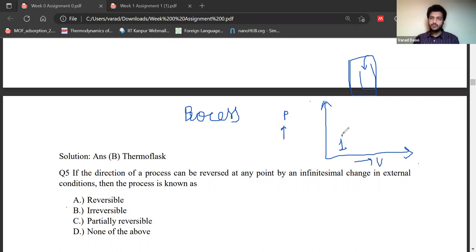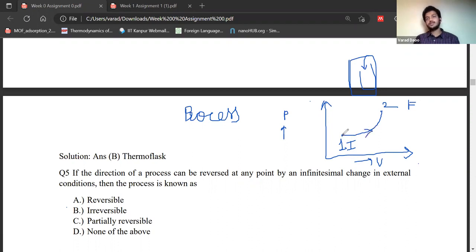So this is the initial state of the system. When you go from 1 to 2, this is the initial position and this is the final position, right? And the direction of the process is like this.